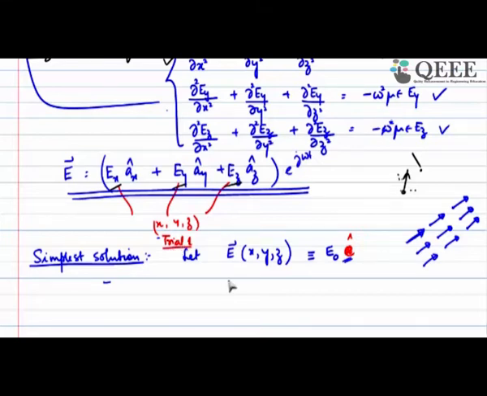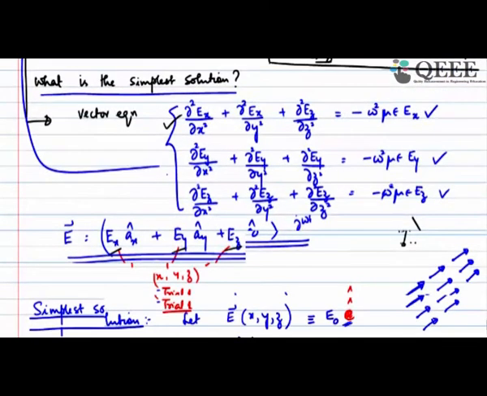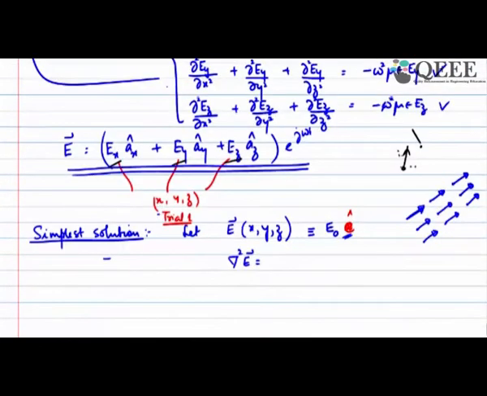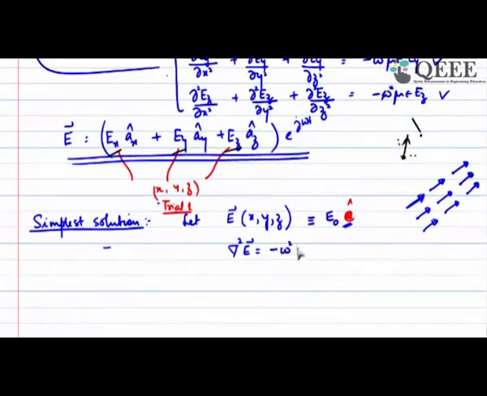It's a constant. I'm going to substitute in del square E equals, what was my equation? I cannot keep writing all three equations, so I'm going to write the short vector form: minus omega square mu epsilon E, and I want to check this trial solution. It's a constant, which means it's not dependent on x, y, z. So if I substitute this solution in the wave equation, del square E is 0 because it has no variation.